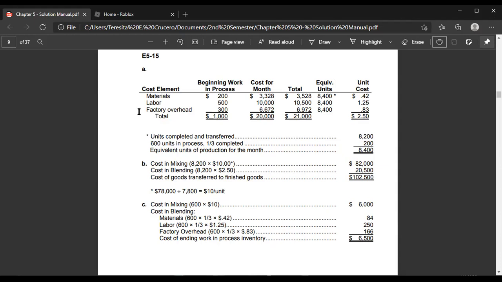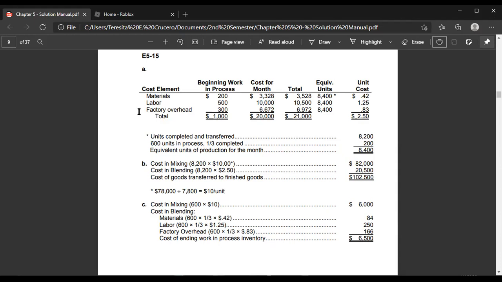Now 8,200 units were transferred from the mixing department, and we are asked to determine the total cost of the products transferred to finished goods.